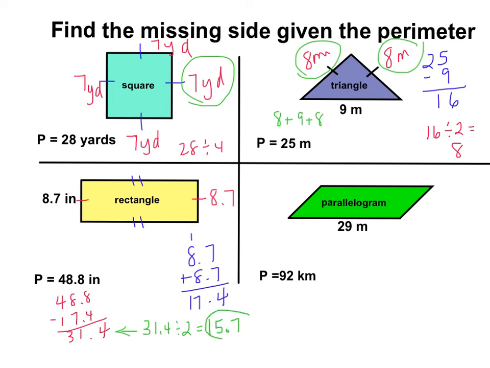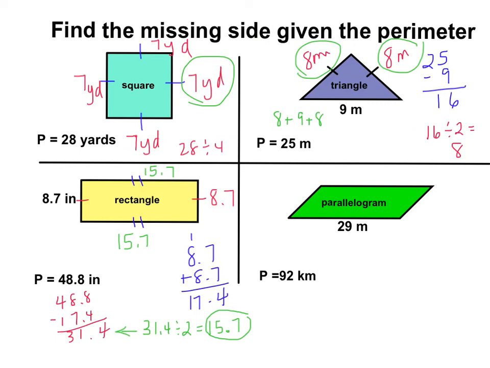So that tells me each of these sides is 15.7. And if I were to go ahead and add all of these, 15.7 plus 8.7 plus 15.7 plus 8.7, it will give me 48.8 inches.